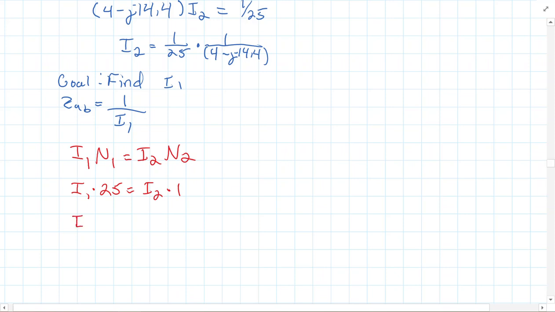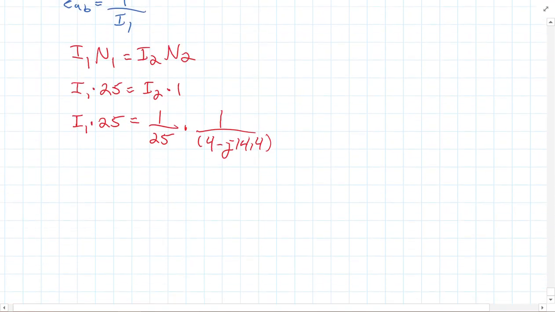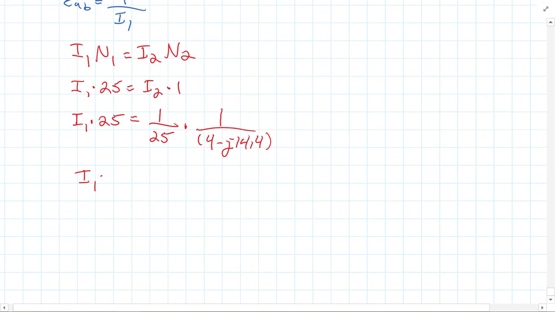And substitute in: I1 times 25 is equal to 1 over 25 times 1 over (4 minus j14.4). Well, solving this then just gets me I1 is equal to 1 over 25 squared times 1 over (4 minus j14.4).